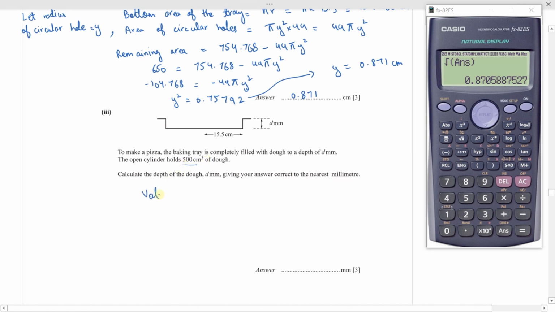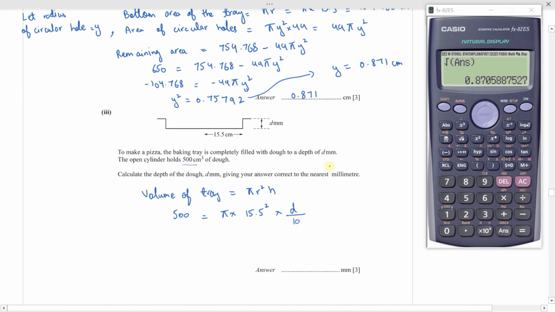So the volume of the tray, since it is a cylinder, will be pi r square h, where r is the radius 15.5 and h is the height, which is d. So the volume of the tray we know is 500, which equals pi into 15.5 square into h, d millimeters. We have to convert this millimeter into centimeters. So d millimeter in centimeters will be d over 10.